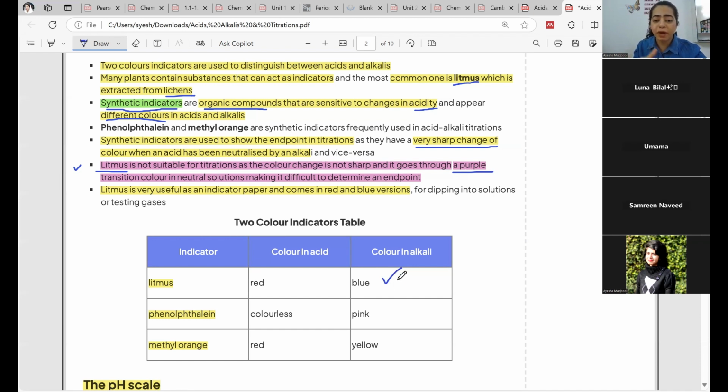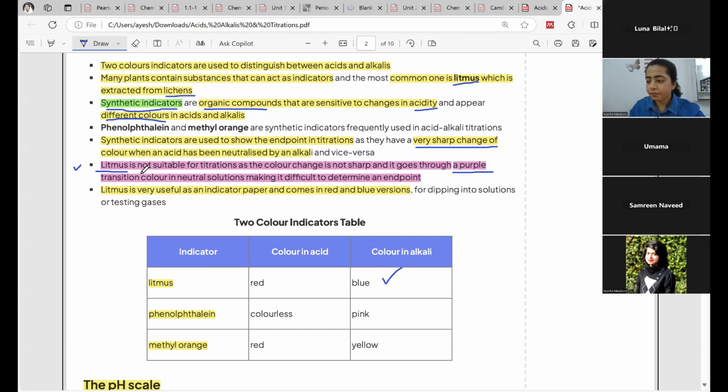It will look somehow similar. When it is changing, we will not be able to identify when it is transitioning from purple to blue or blue back to purple. It will take time to identify the color change. So most of the time, litmus solution is not a suitable indicator, because its color change does not have a big difference. The colors are close to each other, so we cannot use this kind of indicator.